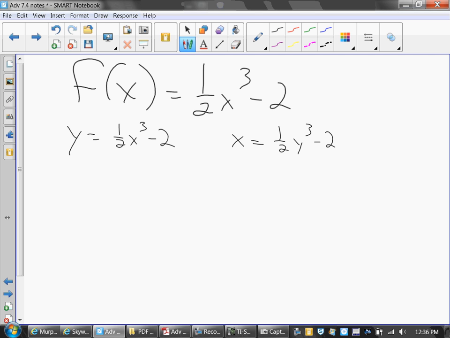What do you do first? Good. Add 2. Now what? Yeah, what's the reciprocal of half? 2. Multiply everything by 2, you get 2x plus 4 is y cubed. And now how do you undo cubing? Cube root.